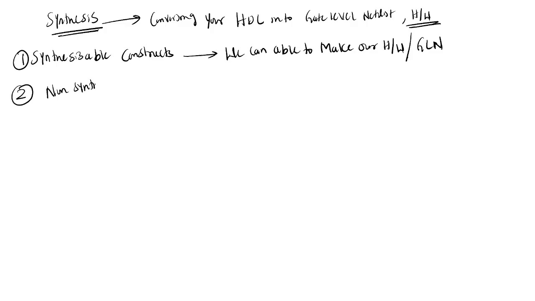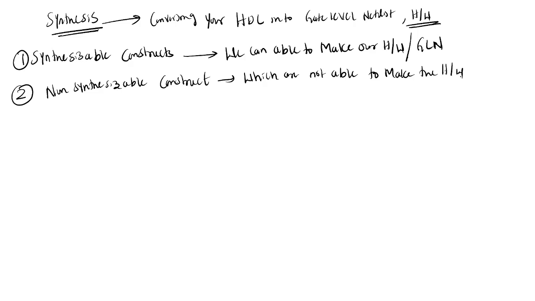Non-synthesizable constructs are the ones we can't convert into hardware, which are not able to make hardware. So among the data types we already discussed, what are synthesizable and what are non-synthesizable?